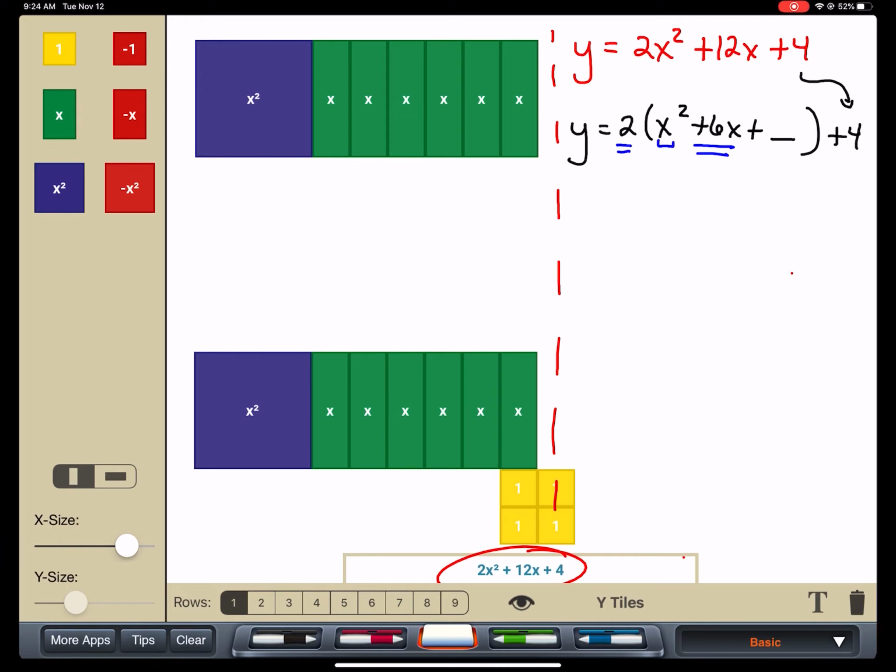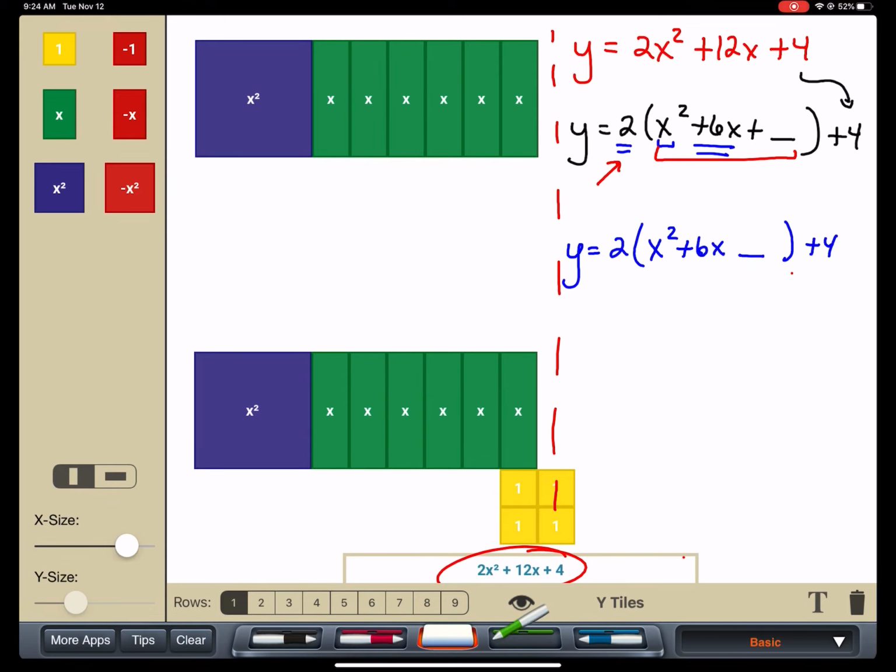Now we focus on this. In other words, I want to make one of these things into a square and then just repeat it twice. So we know what that looks like. If I want to create a square with 6 x's, I'd have to take those 6 x's and divide them into 2 equal groups, one for the length and one for the width. That means each of my side lengths should have 3 x's.